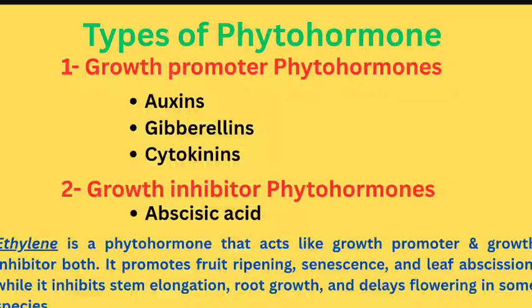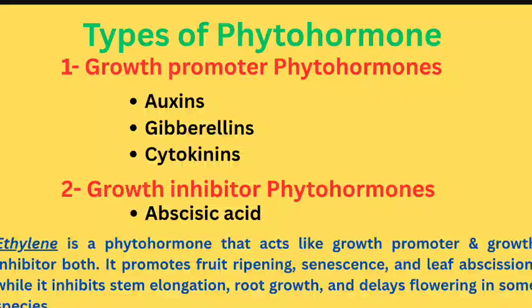The first is auxins, second is gibberellins and third is cytokinins. The second type is growth inhibitor phytohormones that inhibit the growth of the plant. In this category, only one hormone is included, that is abscisic acid.